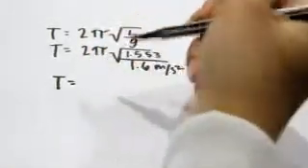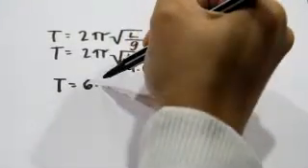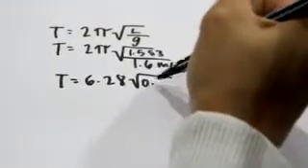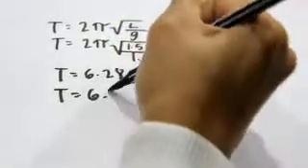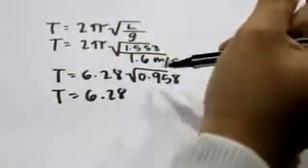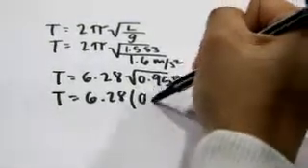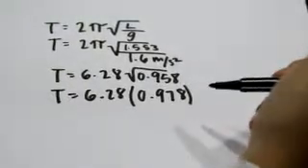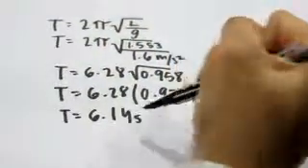T equals, since we multiply 2 times pi, we got 6.28 times the square root of 0.958. We take the square root of 0.958 and we get 0.978, and we'll multiply 6.28 times 0.978 and then we get 6.14 seconds, which is our new period.